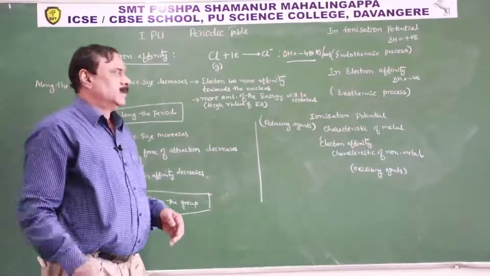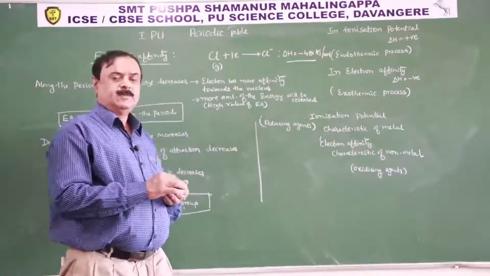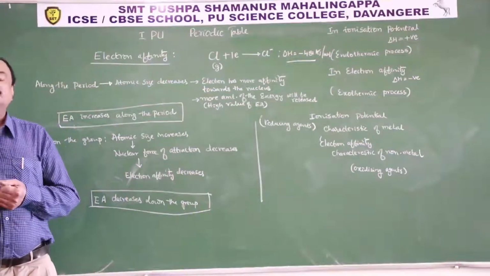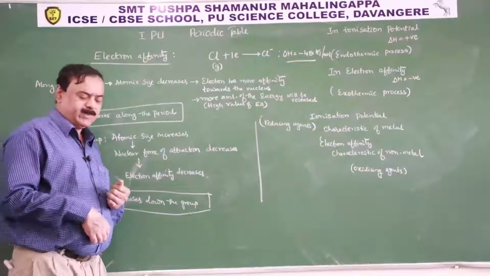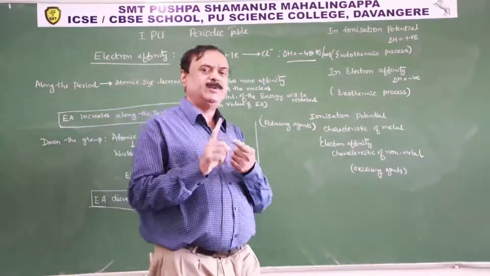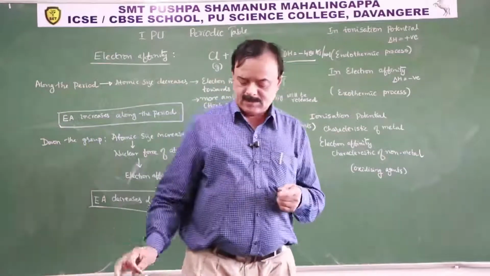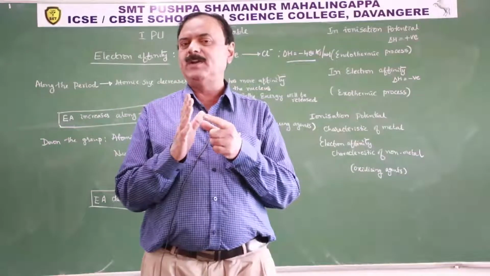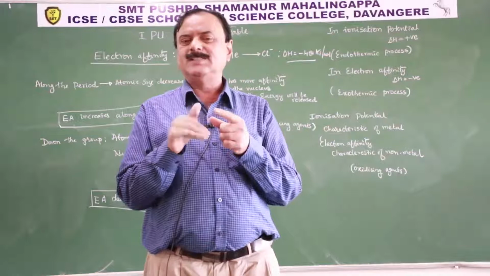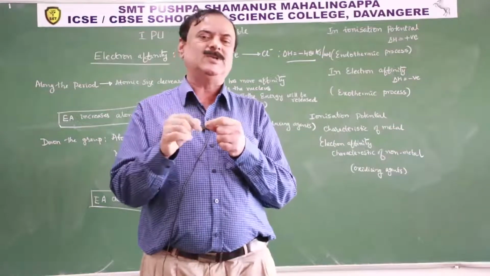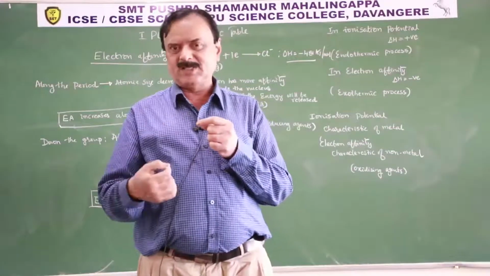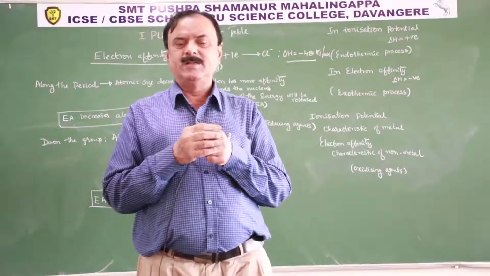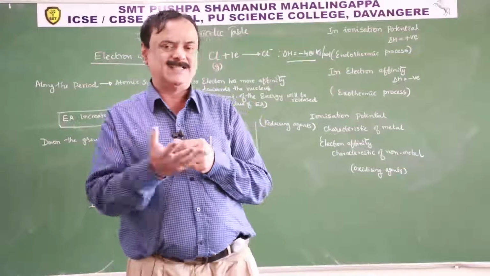Therefore, there are exceptional cases. With respect to the halogen family elements, when you observe fluorine, chlorine, bromine and iodine, the electron affinity value of fluorine is smaller than that of chlorine. From chlorine onwards, like bromine and iodine, the electron affinity value further decreases.